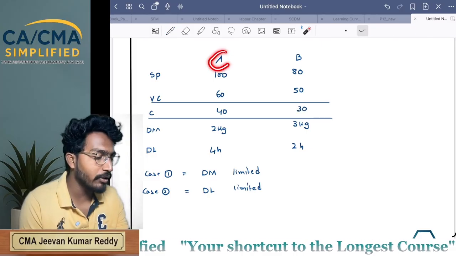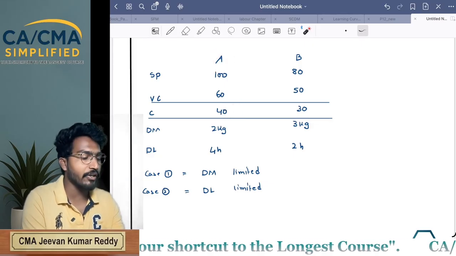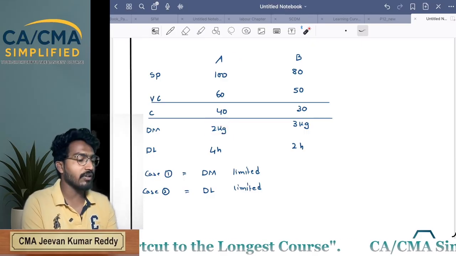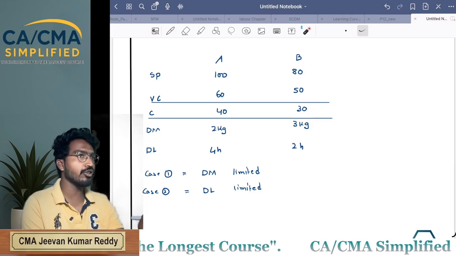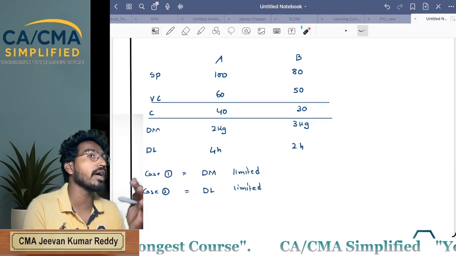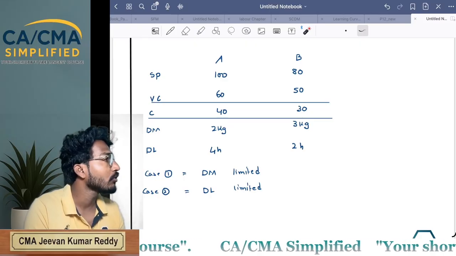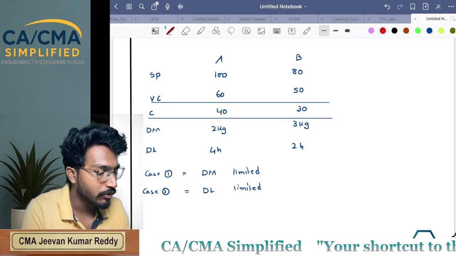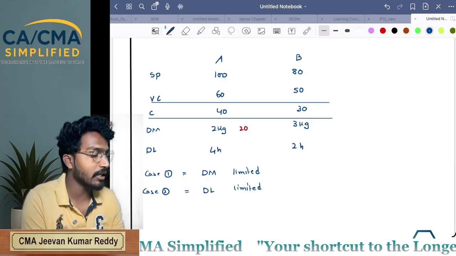For 1 unit, you are getting 40 rupees as contribution. For 1 unit, you are consuming how many kgs? 2 kgs. That means for 40 rupees, you are consuming 2 kgs. By consuming 2 kgs of raw material, you are getting 40 rupees. That means per kg you are getting 20. Yes or no? Here it is 20.